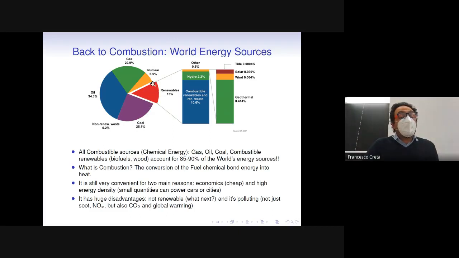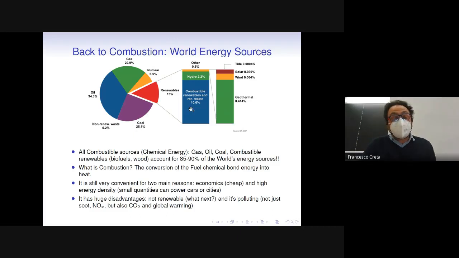Now, there are also renewable sources of energy: wind, solar, hydro, but also combustible renewables, or renewable waste. Again, most of the renewables are fuels that need to be burnt and combusted.